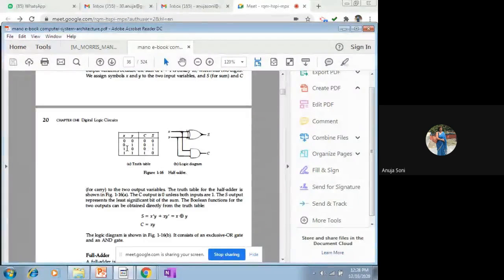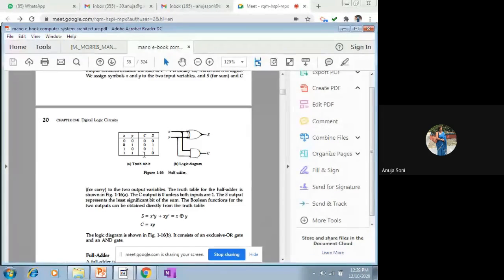If you do the addition manually, for 00 the sum will be 0 and the carry value will be 0. For 01, the sum s will be 1 and c will be 0. For 10, s will be 1 and c will be 0. For 11, the result is 2, which in binary is written as 10, where 0 stands for s and 1 stands for c.